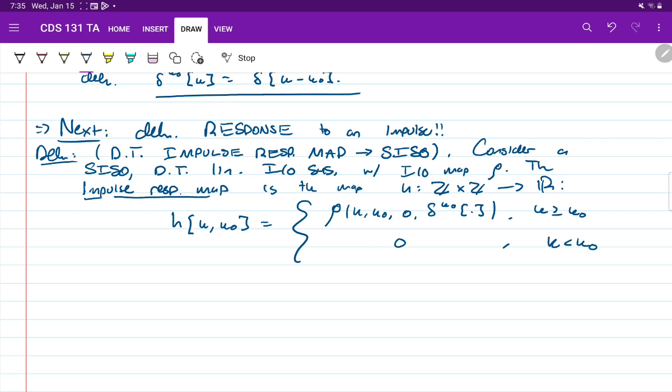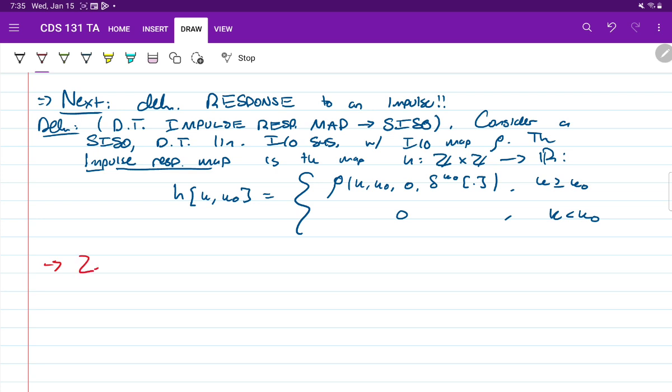Okay, so let's summarize what this definition is saying. In the SISO case, the impulse response map is equal to the response of the system from 0 initial state having an impulse applied at time step K naught.